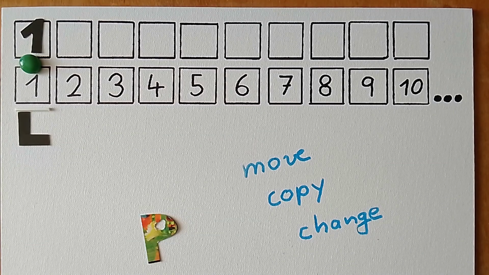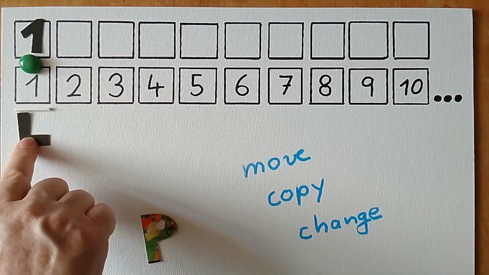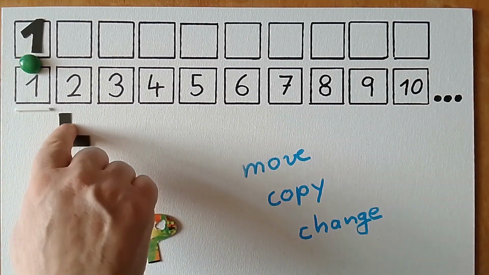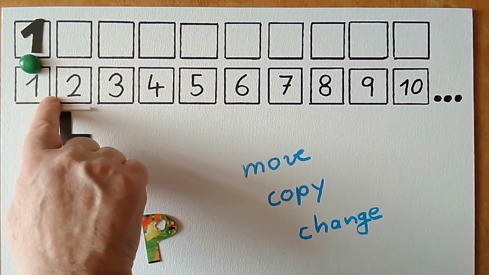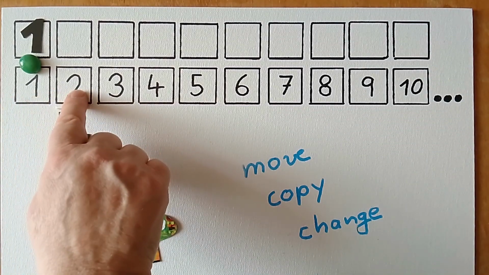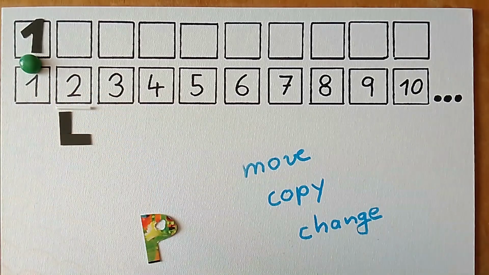And now, fractal process move. I move the L from the beginning to the end of the pattern. Fractal process copy.